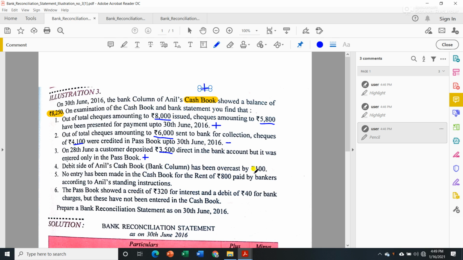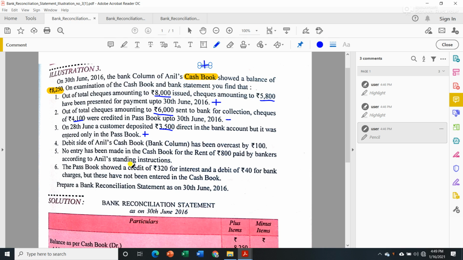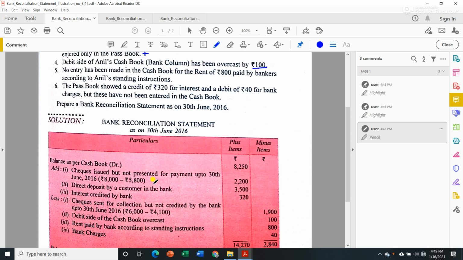That means in Anil's cash book, it is showing debit balance overcast by 100, means it is showing 100 more.